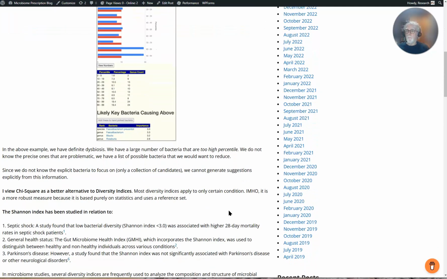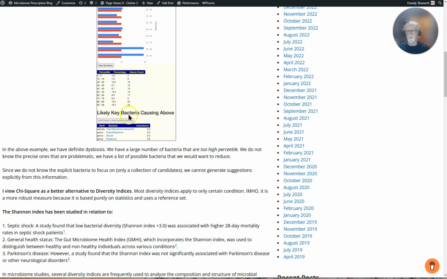Okay, as seen above, we have a number which are too high. We don't know which of the 24 bacteria, 12 and 12 here, are too high. So, we know there's probably 24 bacteria which are massively overgrown, but we don't know which, so we cannot generate suggestions based on these.